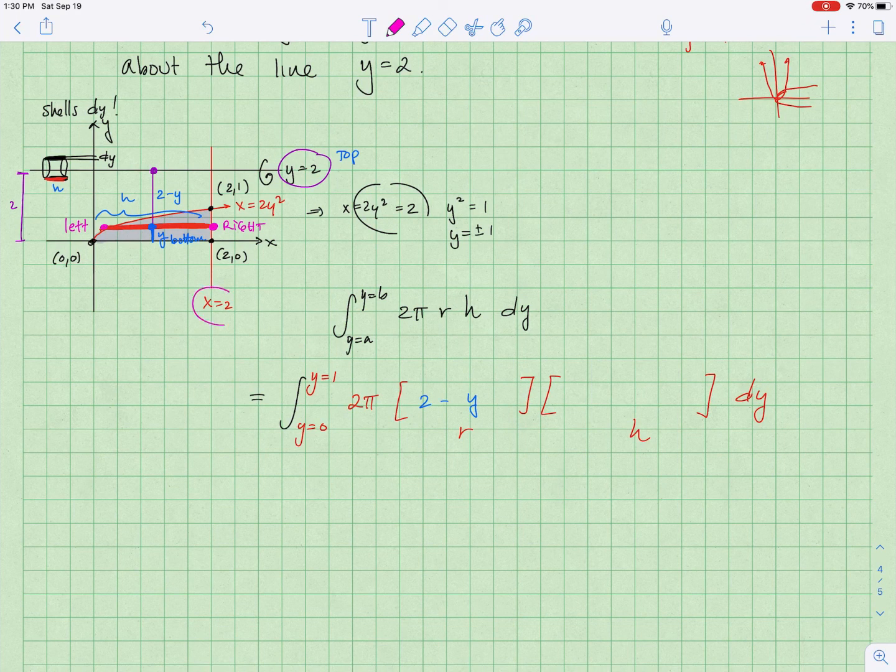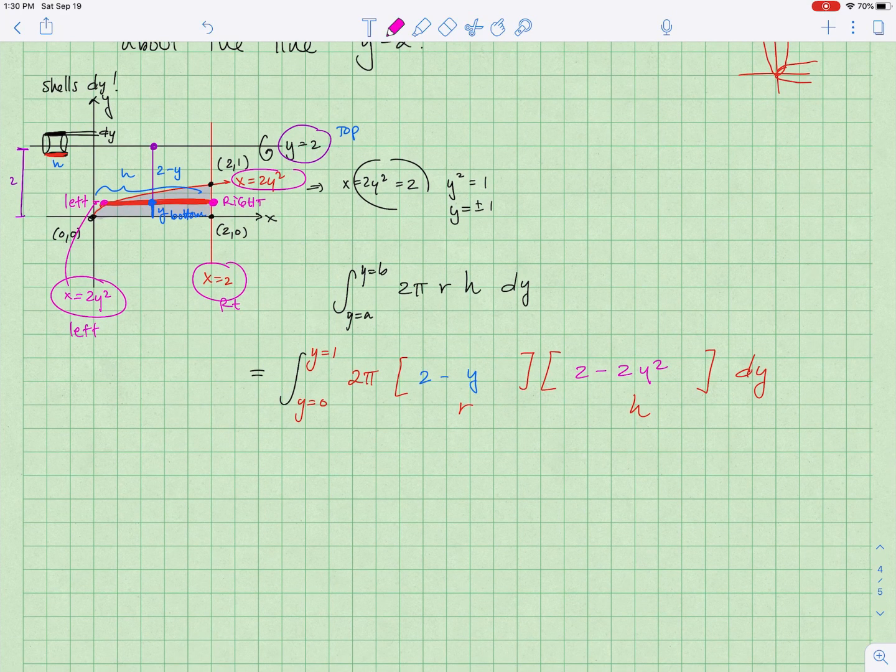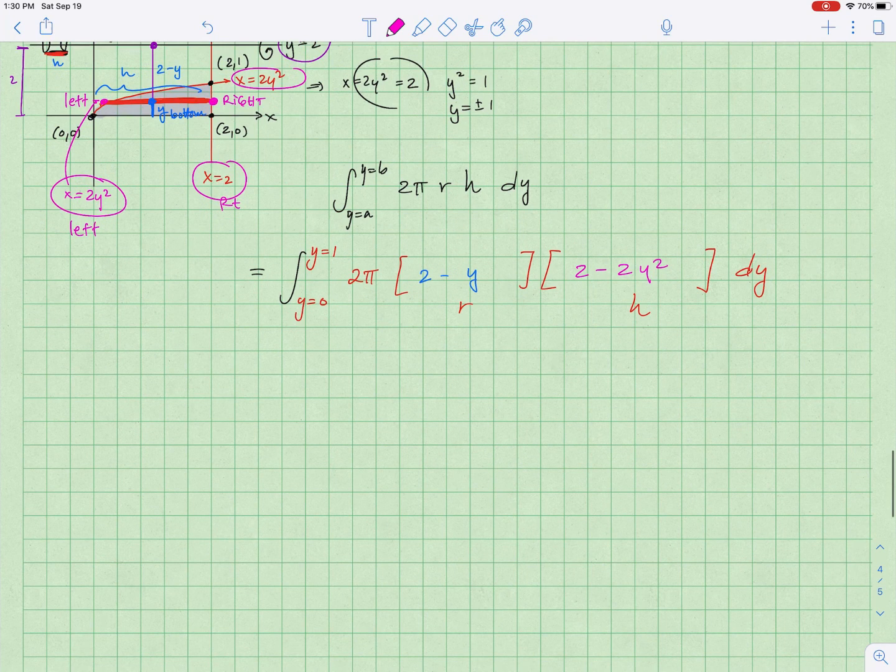Well, the right side occurs at x equals 2. The left side occurs on this curve. And if this little arbitrary distance here is x, that's also equal to 2y squared. So the left side is the curve. So right minus left is going to be 2 minus 2y squared. And that becomes pretty straightforward.